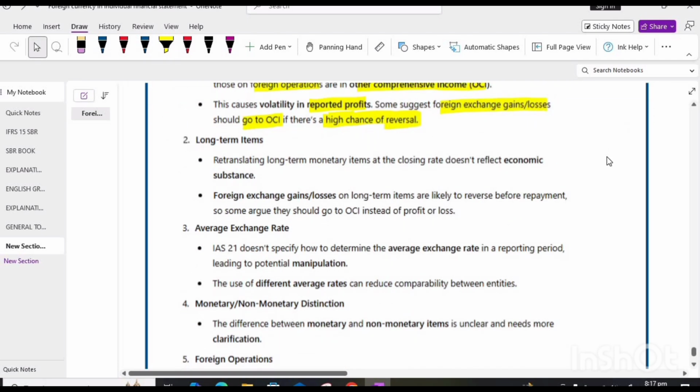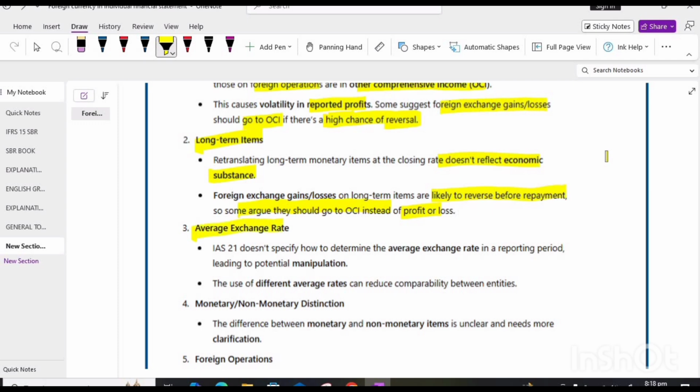Retranslating long-term monetary items at the closing rate does not reflect economic substance. So this is another criticism: foreign exchange gains or losses on long-term items are likely to be reversed before repayment, so some argue that they should be charged to the OCI instead of profit or loss.